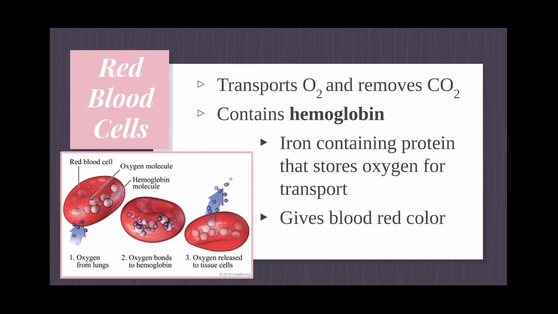So people sit on the seats of the bus to be transported, kind of like how oxygen and carbon dioxide are going to sit on the hemoglobin to be transported throughout the body. Okay, so red blood cells are like the bus, hemoglobin is like the seats, and oxygen and carbon dioxide are like the people getting on and off.